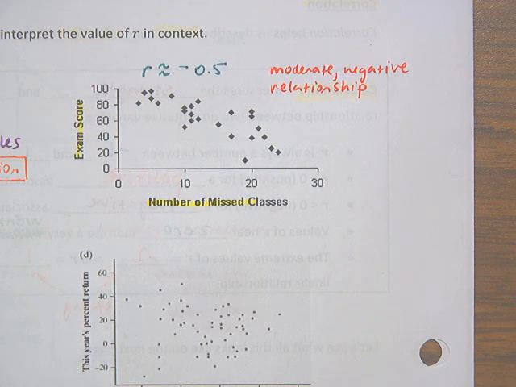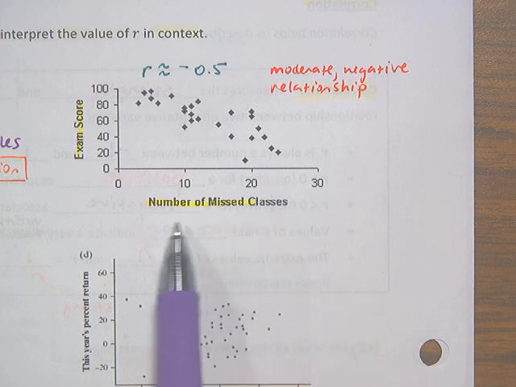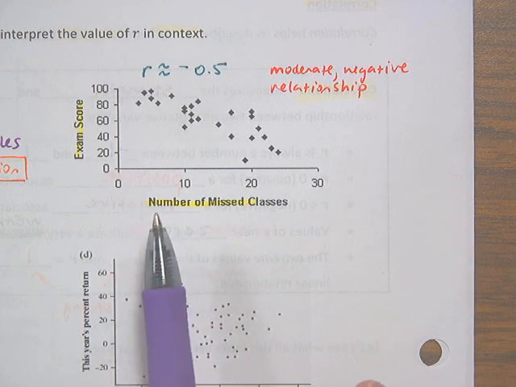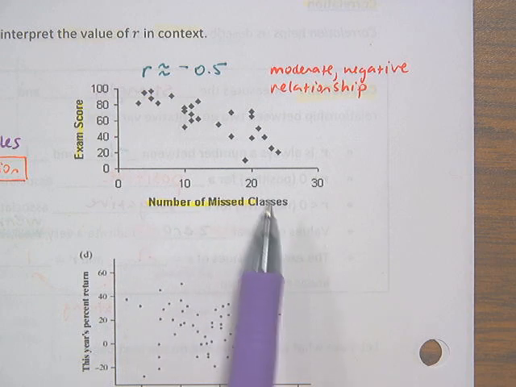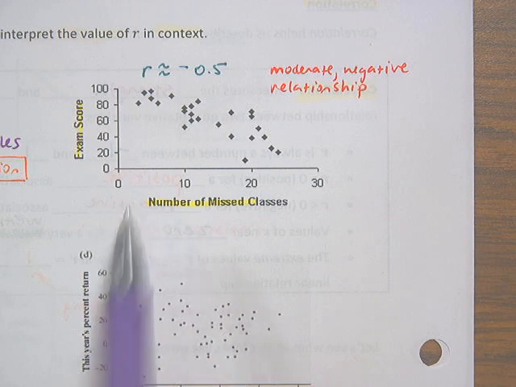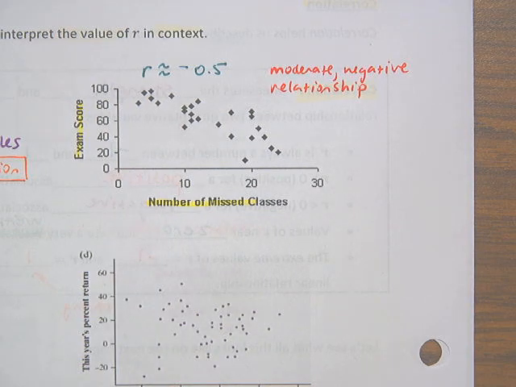Technically that's between number of missed classes and exam score. So there's a relationship here, but again, sometimes the answer is yes. Sometimes we're going to say, yeah, if you miss classes, then that's going to cause your exam score to go down. So we would put causation. What do you guys think about this one? There are other factors that go into it.